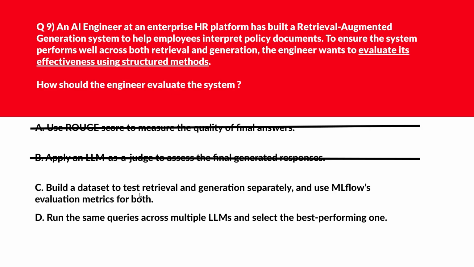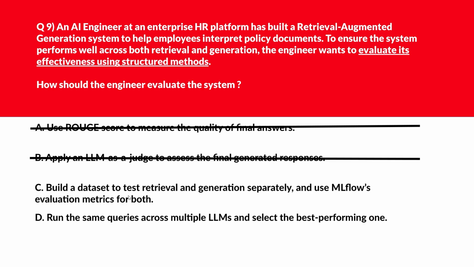C says build a dataset to test retrieval and generation separately and use MLflow evaluation metrics for both. Evaluating retrieval and generation separately with MLflow metrics ensures both components are assessed independently and thoroughly.